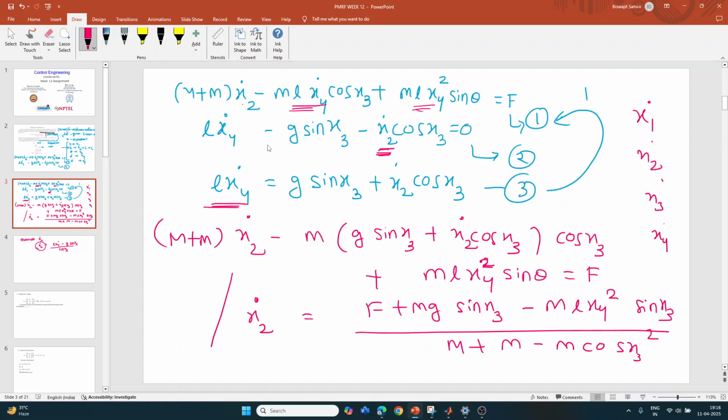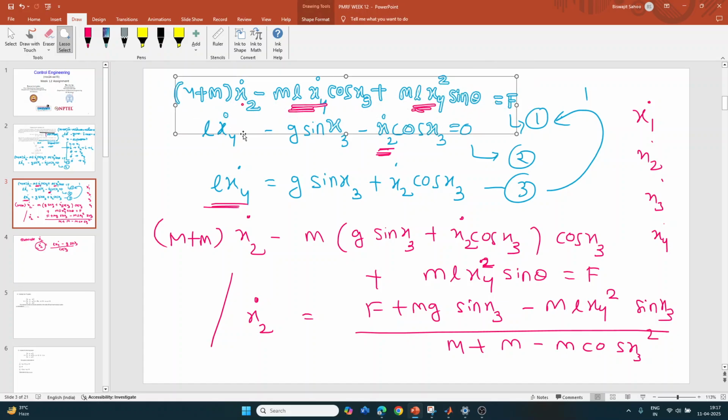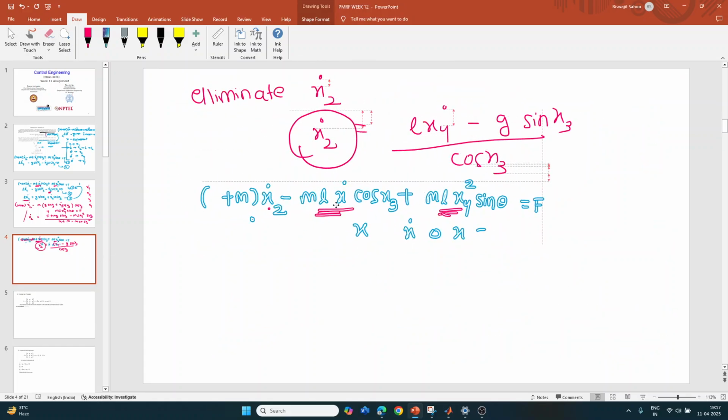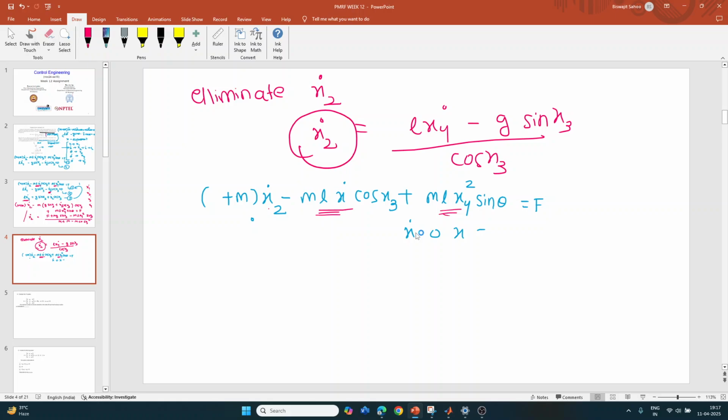If you put back in equation number 1, let me copy the equation number 1. Okay, control C, go back here. This is equation number 1. Okay, delete this part. You can erase it.